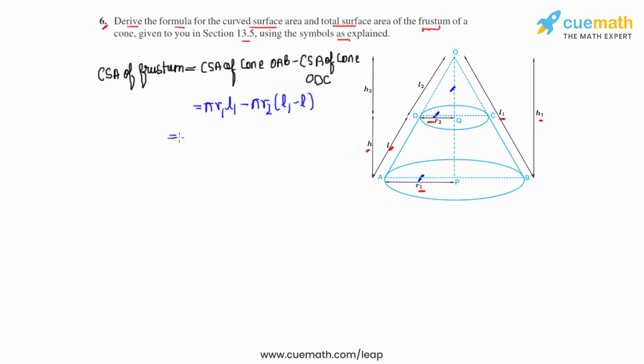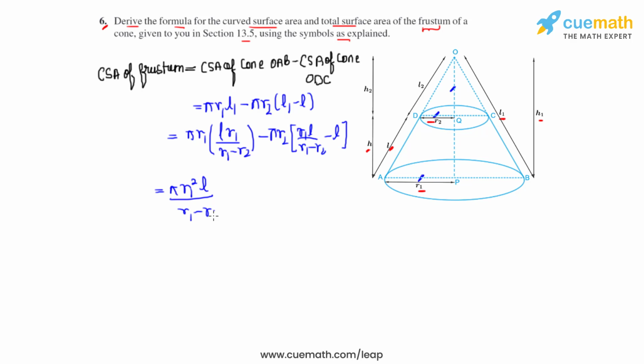Now we substitute the value of L1 that we got, and that will be pi R1 times L R1 divided by R1 minus R2, minus pi R2 times R1 L divided by R1 minus R2, minus L. So we get pi R1 square L divided by R1 minus R2, minus pi R2 times R1 L minus L R1 plus L R2, and that whole is divided by R1 minus R2.